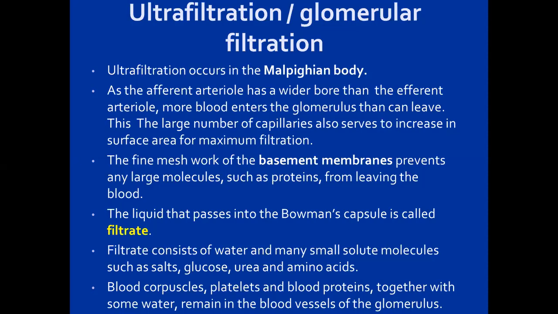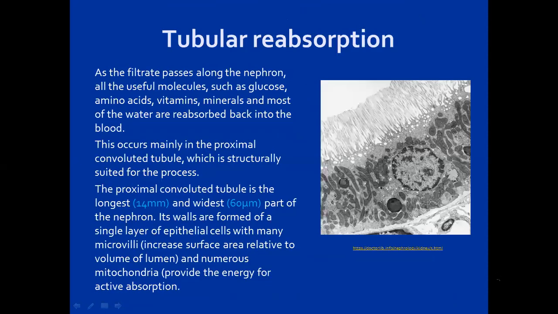And the filtrate at that point contains water and many solute molecules such as salts, glucose, urea, and amino acids. Blood platelets, blood corpuscles, red and white blood cells in other words, and blood proteins, which are large molecules, together with some of the water and some of the urea and waste substances, remain in the blood vessels of the glomerulus. Okay.